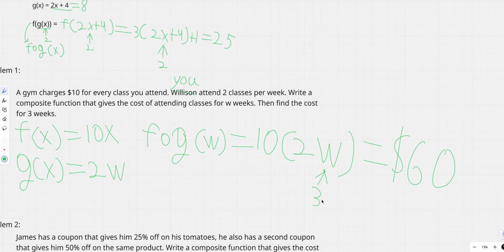So we have the weeks, and then we get classes per week, then we get the cost. Net cost is 48. Okay.